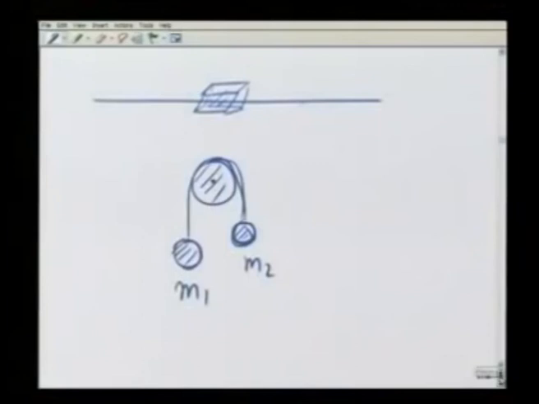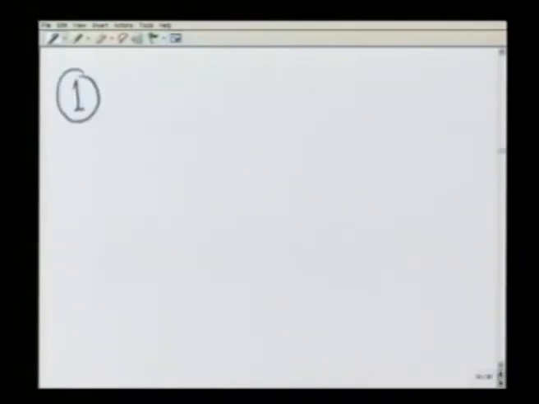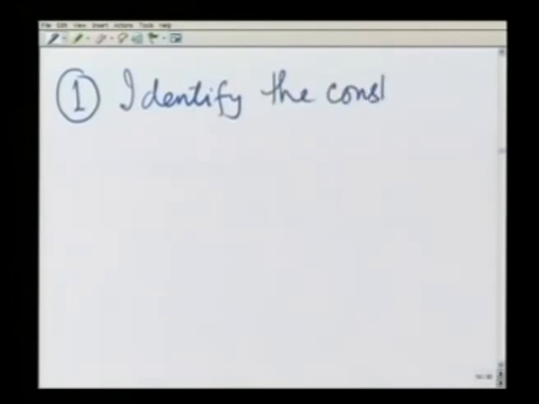So the first step in solving a problem is going to be: identify the constraints and forces of constraints.